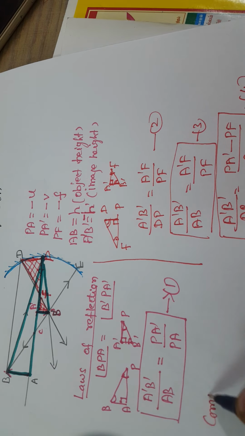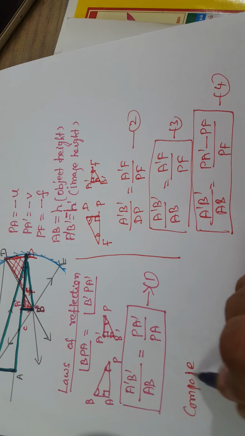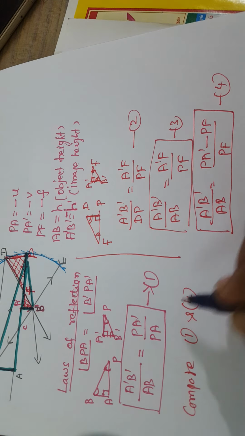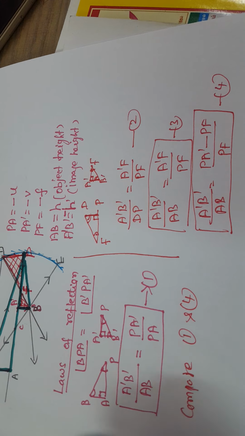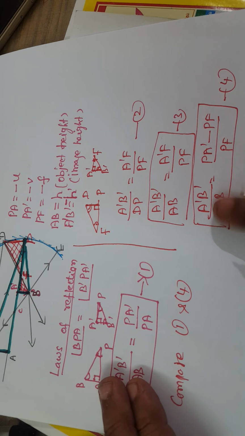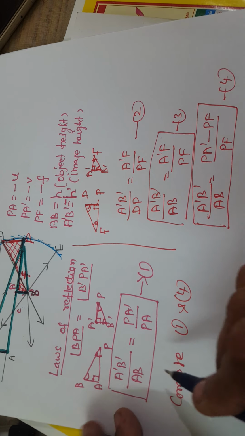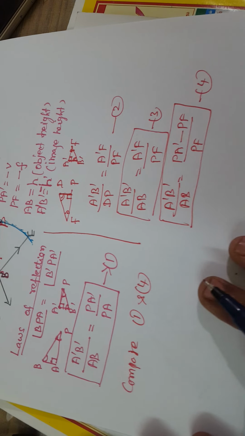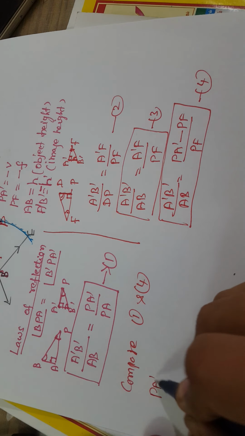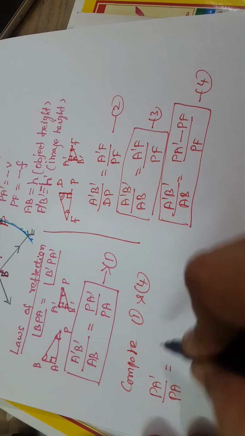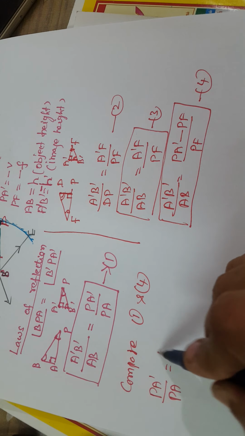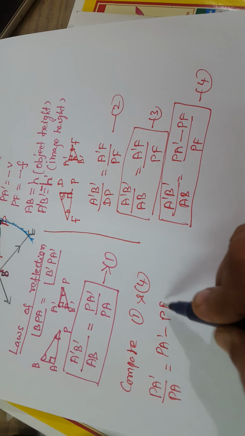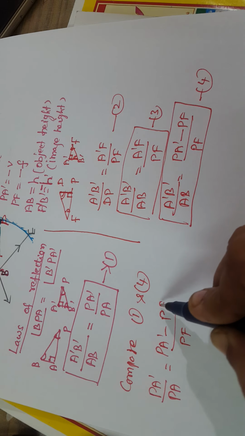What you can do is you can compare equation 1 and 4, children. If you compare this equation 1 and 4, you can see the LHS are the same. So you can compare the right hand side. So what is the right hand side? PA dash by PA is equal to PA dash minus PF by PF, right?